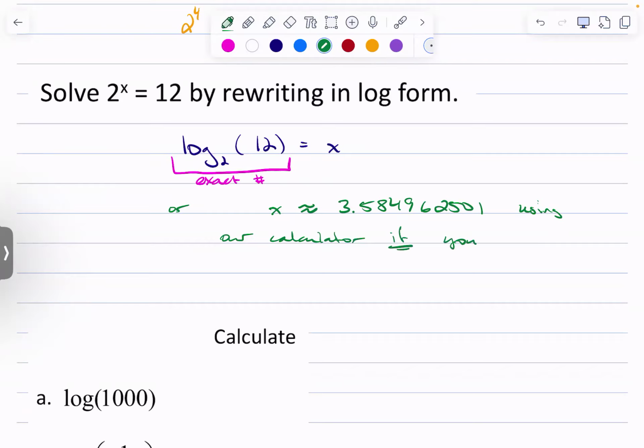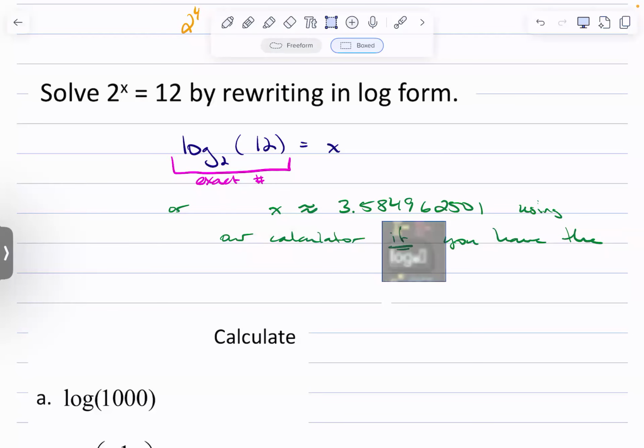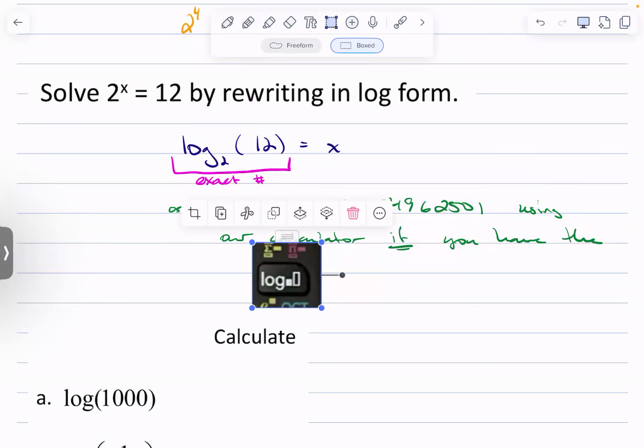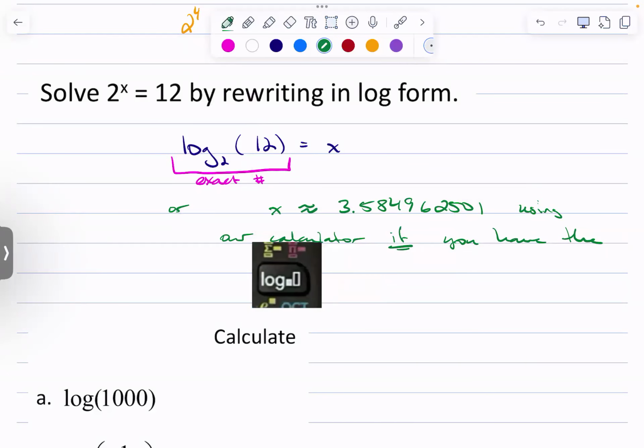If you have, is it in here? It's tiny. Have the button. If you don't, it's okay, right? This is correct. That's the answer.